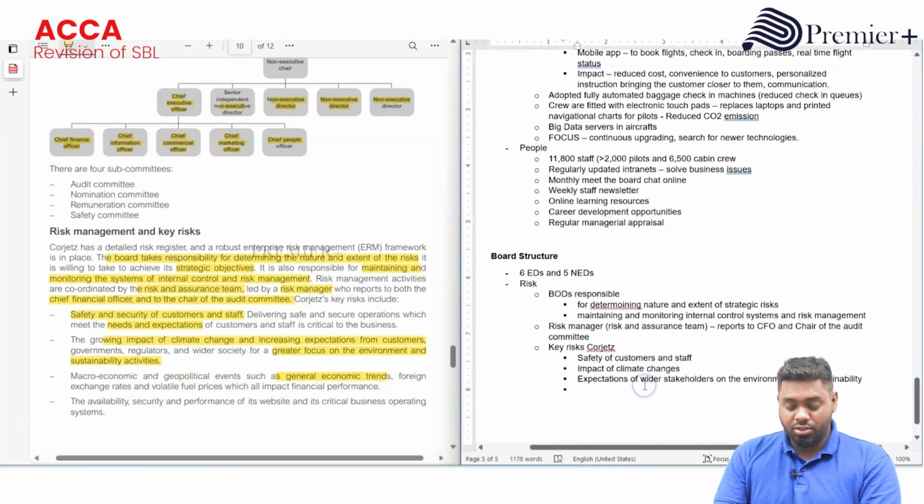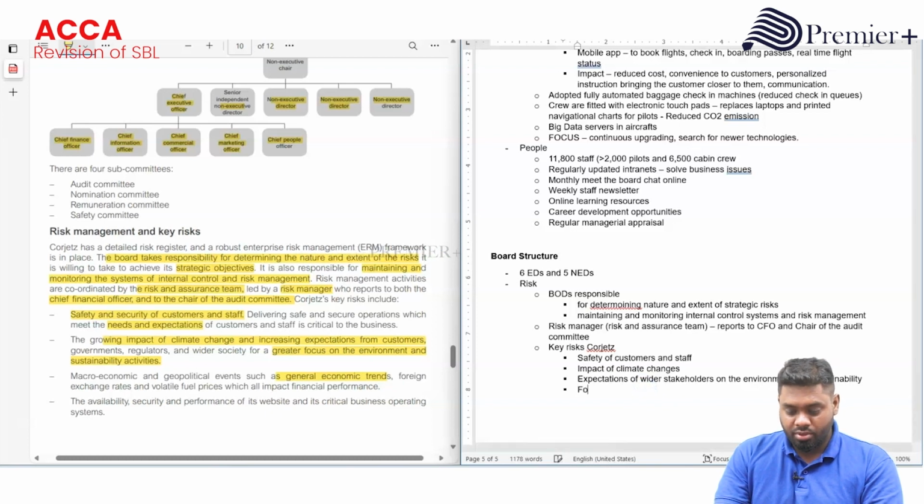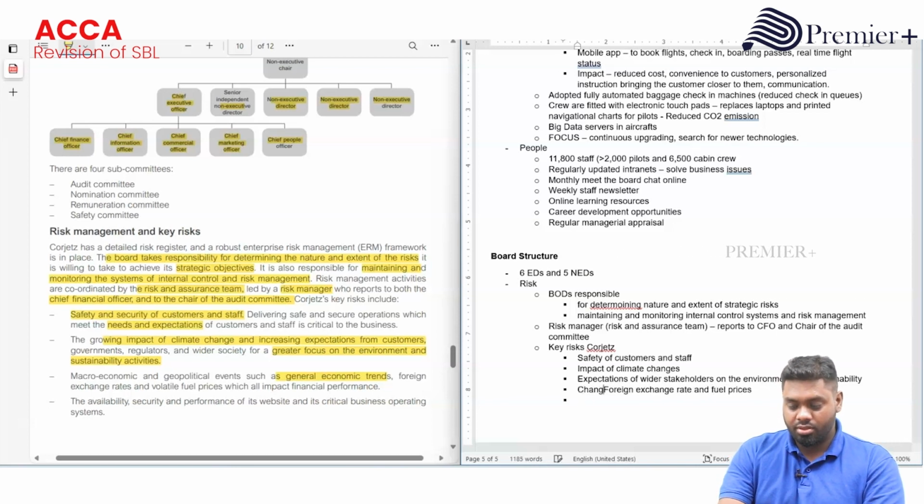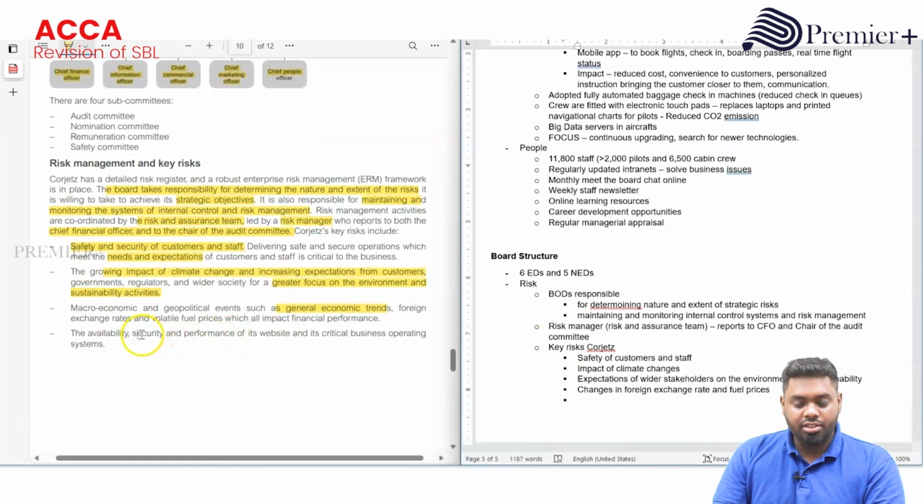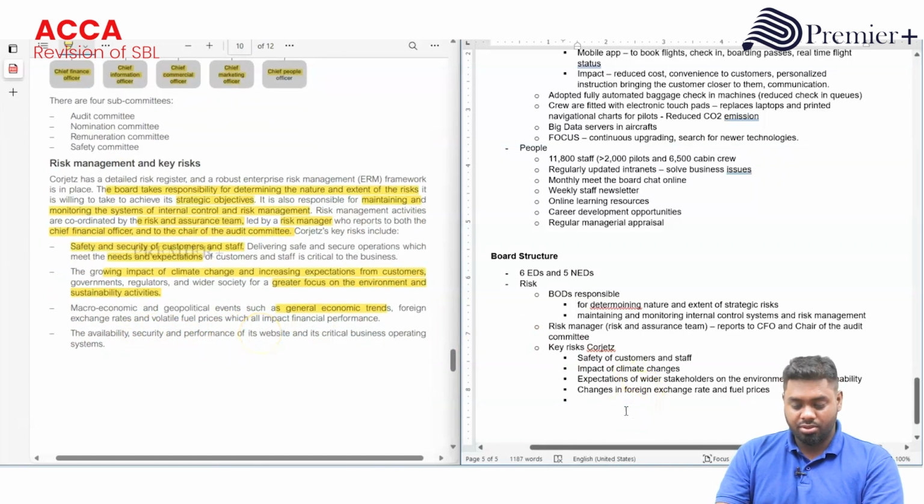Macroeconomic and geopolitical events such as generic economic trends, foreign exchange rates, and volatile fuel prices, which all impact financial performance. Foreign exchange rate changes and fuel prices. The availability, security, and performance of its website and its critical business operating systems.